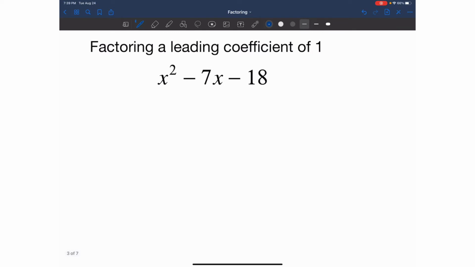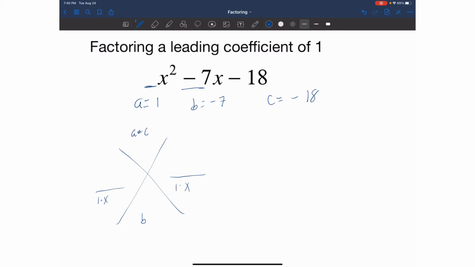Let's look at another example, again with the leading coefficient of 1. So very quickly I'm going to write what my A is, my leading coefficient, again an imaginary 1, my B, which is -7, and then my constant, or C, which is -18. After I do that, I'm going to draw my X. Again, at the top I'm going to put A times C, the bottom I'm going to put B, and then the line for my factors, and then under that 1 times C, because my leading coefficient is 1.